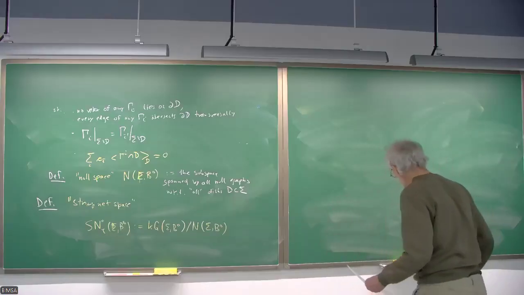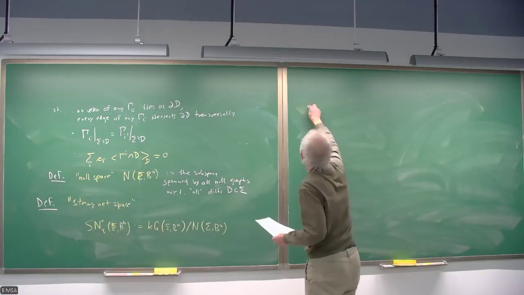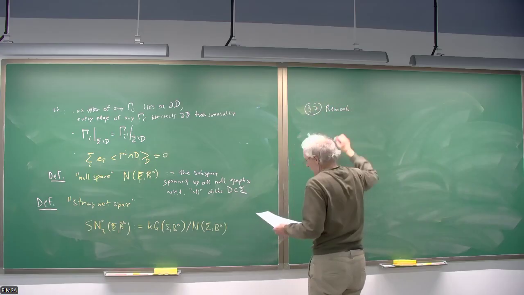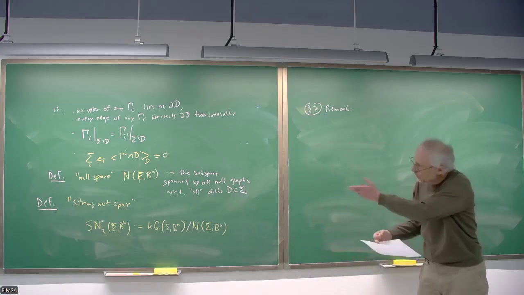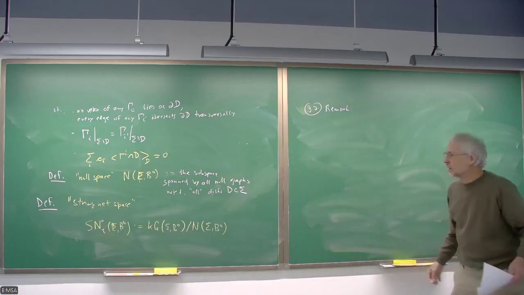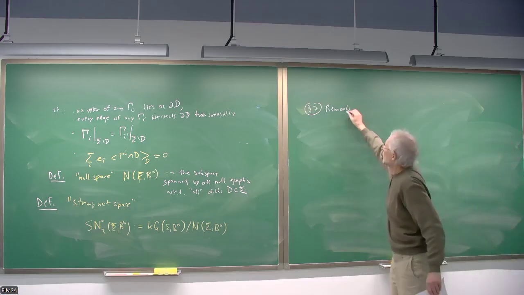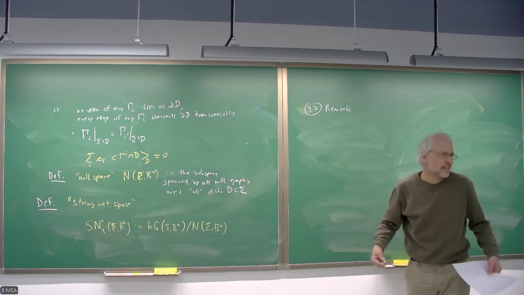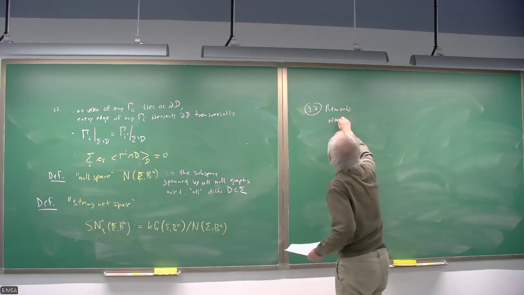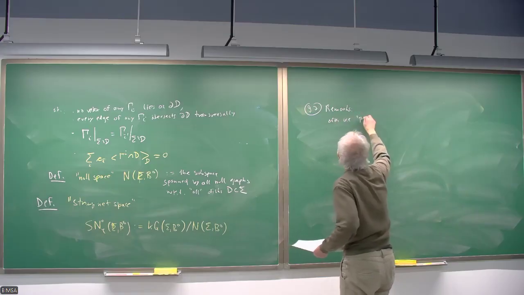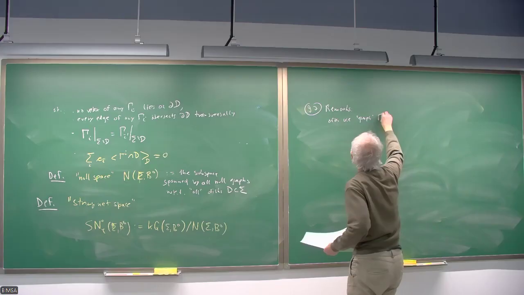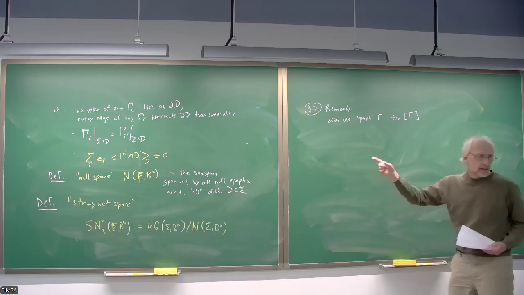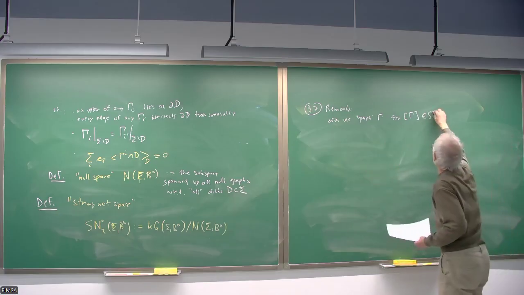Some remarks. First of all, I said that I use graph also for a linear combination of graphs, but I will also use it for string nets. So often I use graph and also the notation gamma for really the class in the string net space.